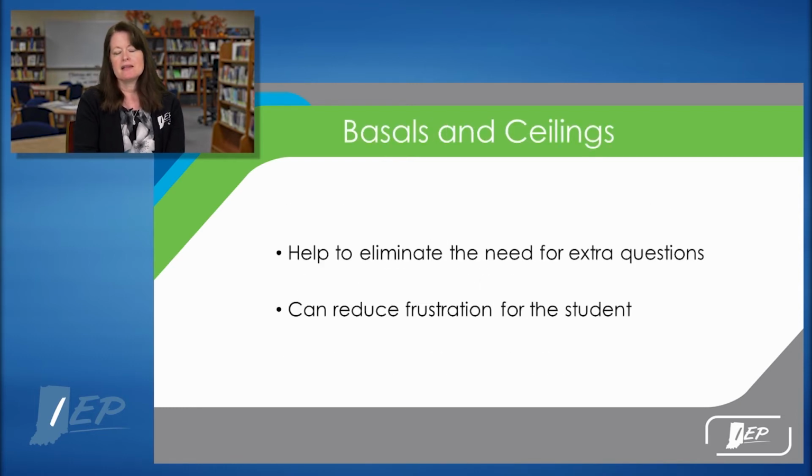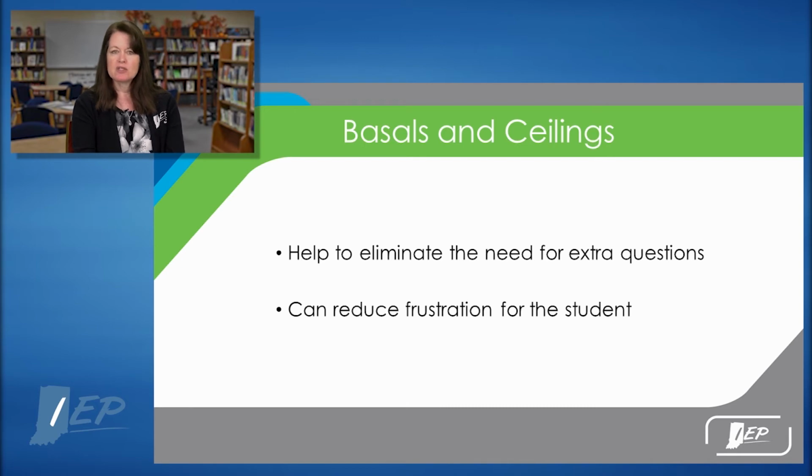All right, let's talk about basals and ceilings. They're definitely a good feature to test. It helps reduce the number of items that we need to give in order to feel comfortable with knowing that a student was likely to get everything right before the item we started with, or probably wouldn't get many more right beyond the item that we stopped with.